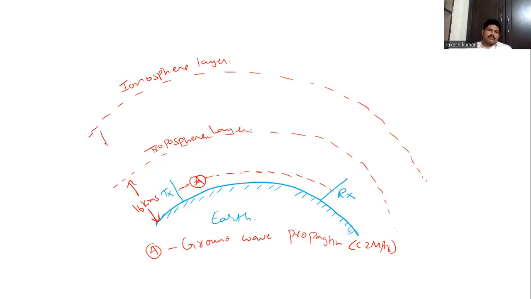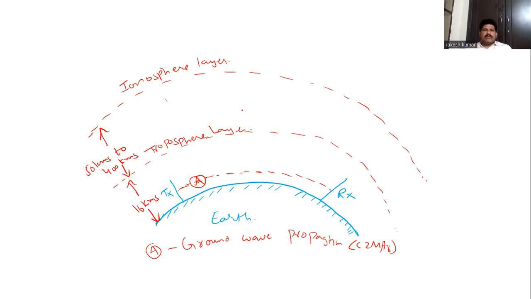And the ionosphere layer extends from 50 kilometers to 400 kilometers. So this entire region is my ionosphere, and this is my troposphere.